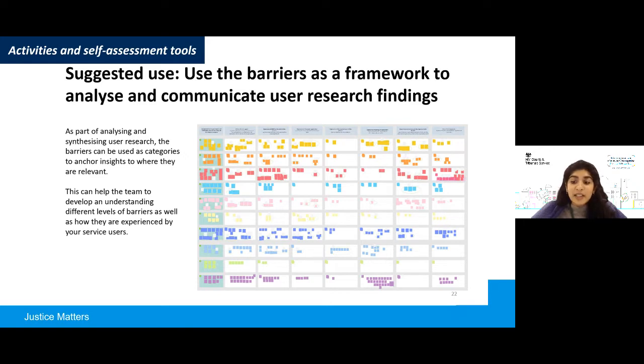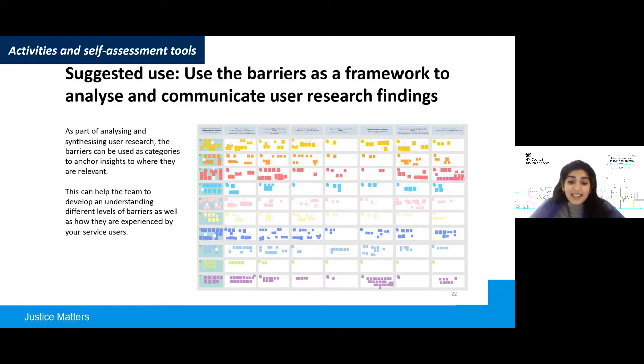As well as some activities that help us to move forward from identifying problems towards fixing them. This is just one example of many activities, and each activity has instructions with it to help teams get started. We really welcome people to chop and change and edit based on what they need and what stage they're at as a team.